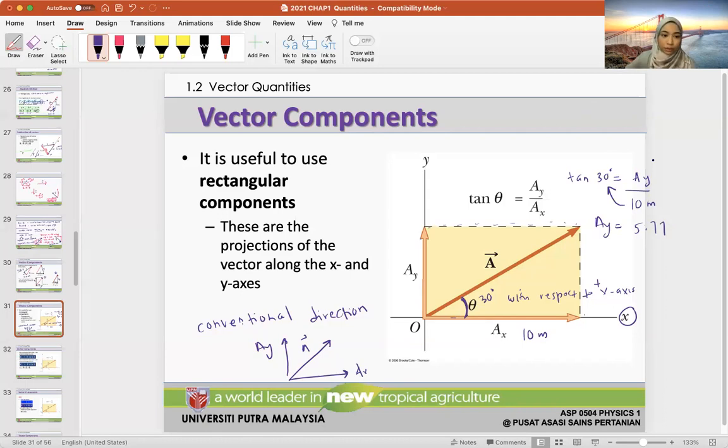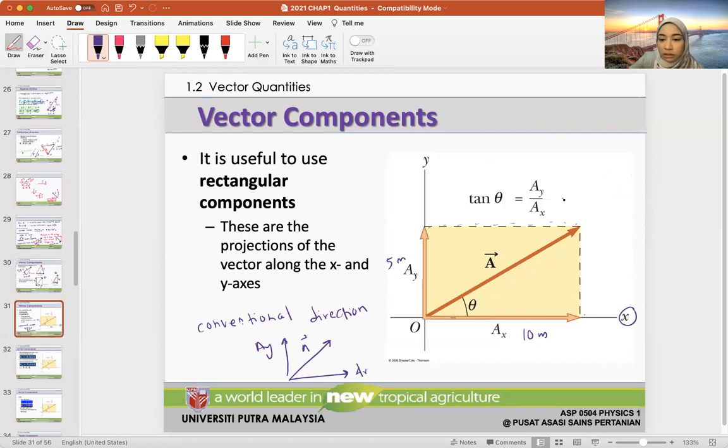So that is how you can find the length of your vector ay if you know one of your other components and you know the angle. If you have the lengths, 5 meters, 10 meters, but you want to know the direction of vector A, you can do that with the same equation. I am given ay as 5 meters and ax as 10 meters.